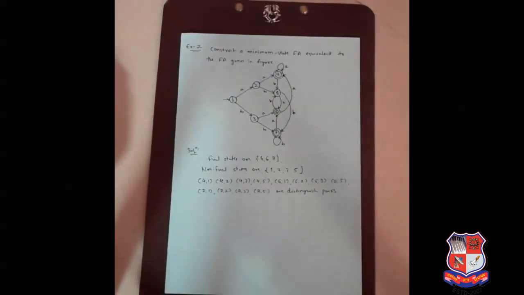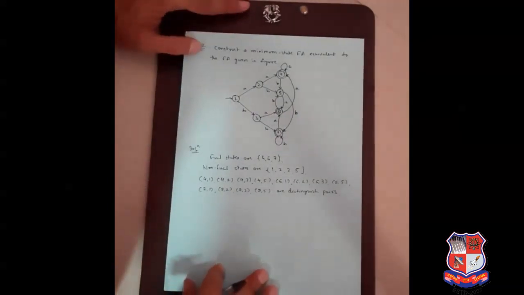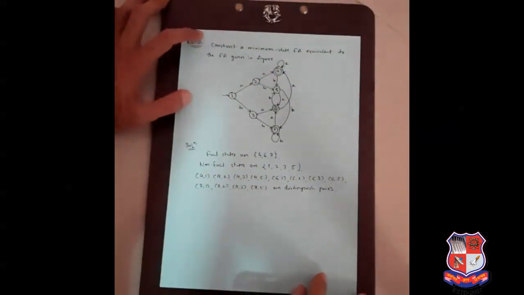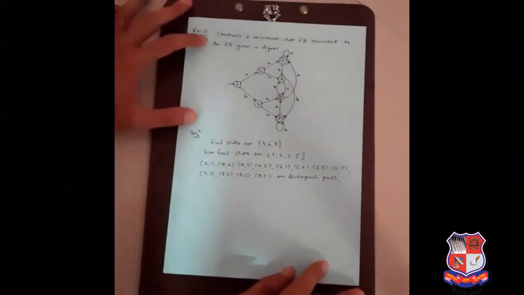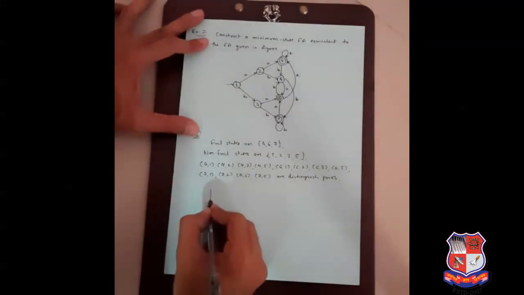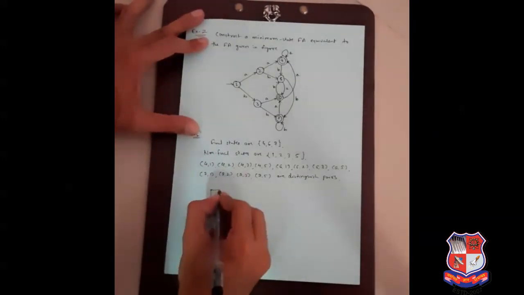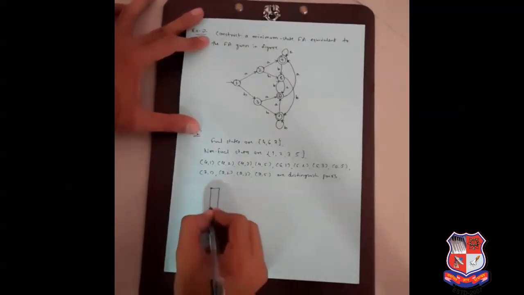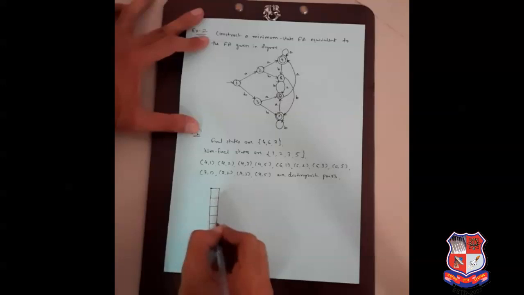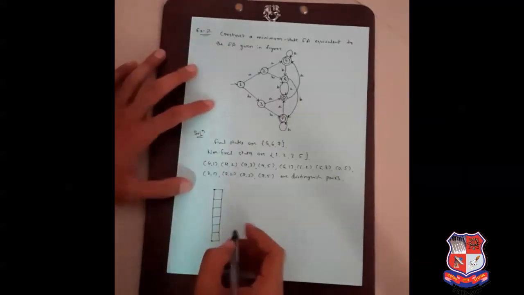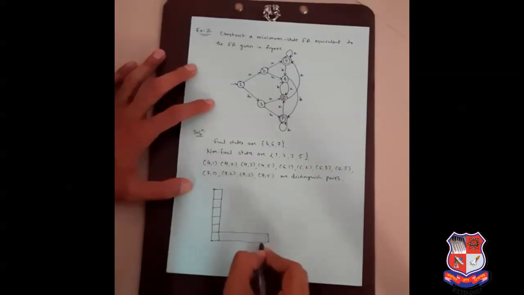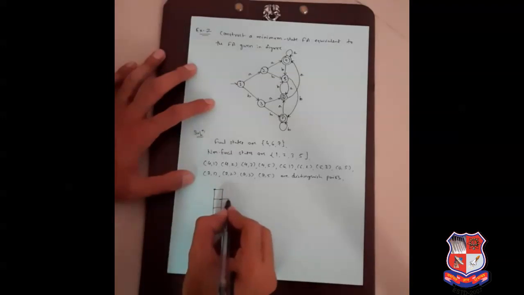Now we will move towards the next step. In the next step we are going to make a table. Here there are a total of 7 states, so we have to make a table of 6 by 6: 6 columns and 6 rows.